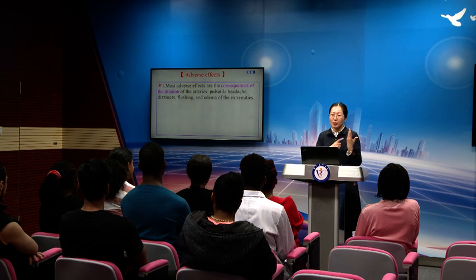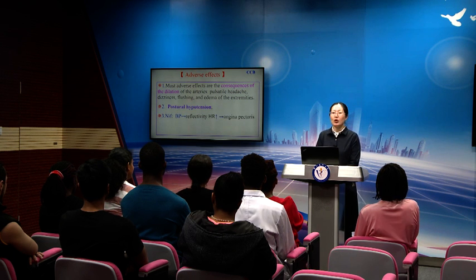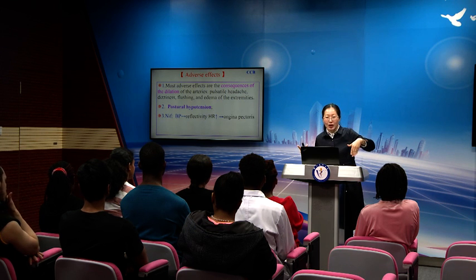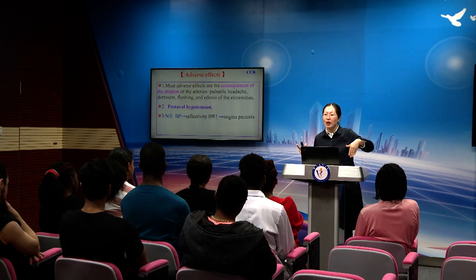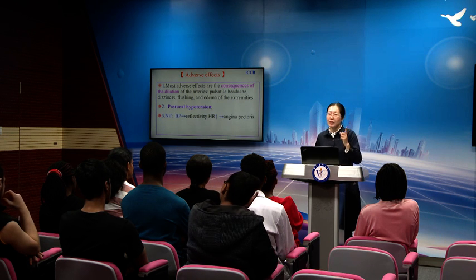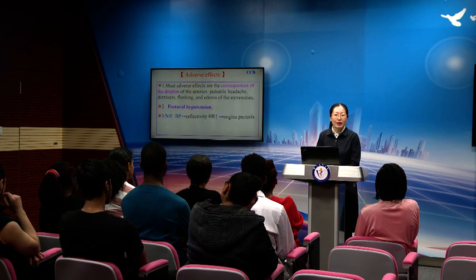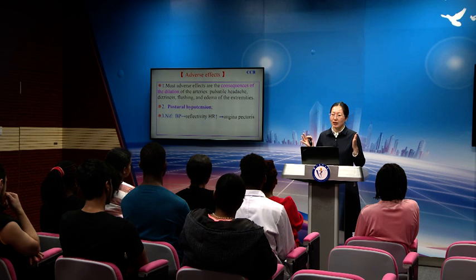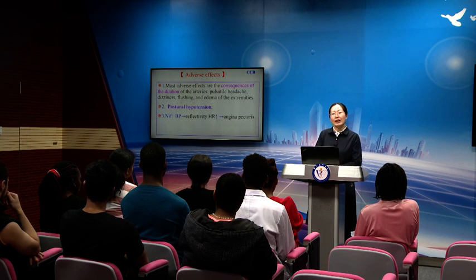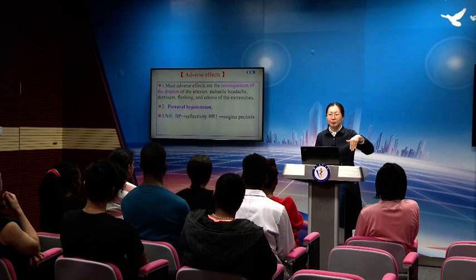Besides this, because of vasodilation, blood pressure decreases hugely, so about 1% of patients will have postural hypotension. And we call this the first-dose phenomenon. What's the meaning? Only in the early stages of using the drug will they have this adverse reaction. Understand? Okay.